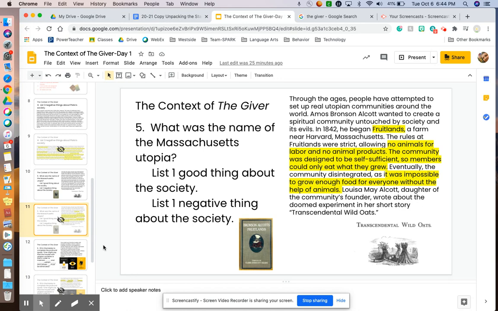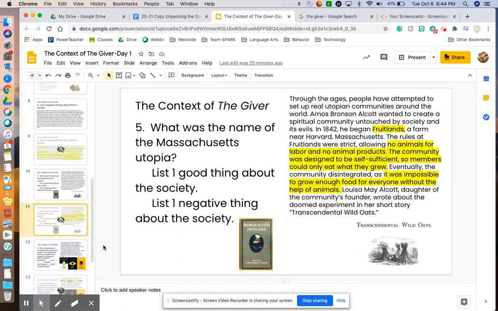But like a lot of good societies that are built on theory, they found some problems because this was back before tractors. So they did not have any machines that could help them create large crops to feed their population. I'm not even sure how many people lived in this community at this time period. Probably not a lot.